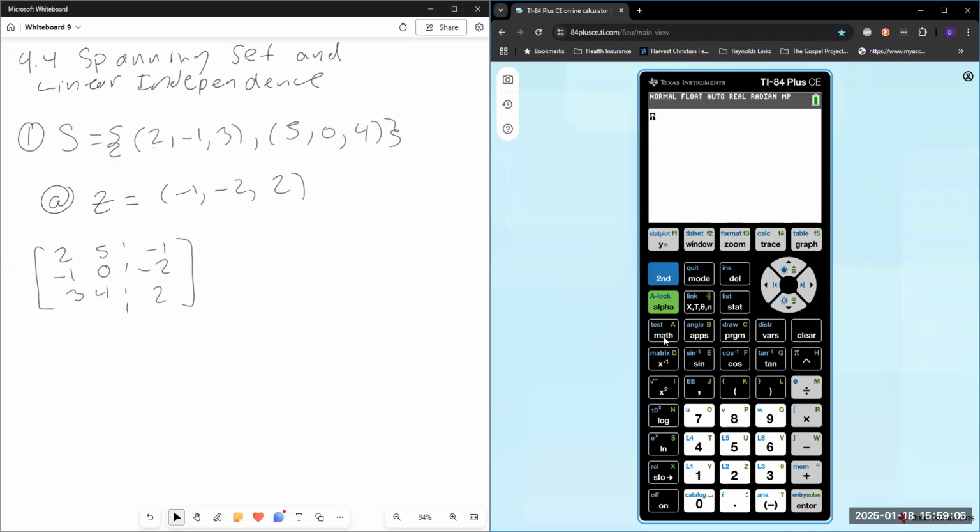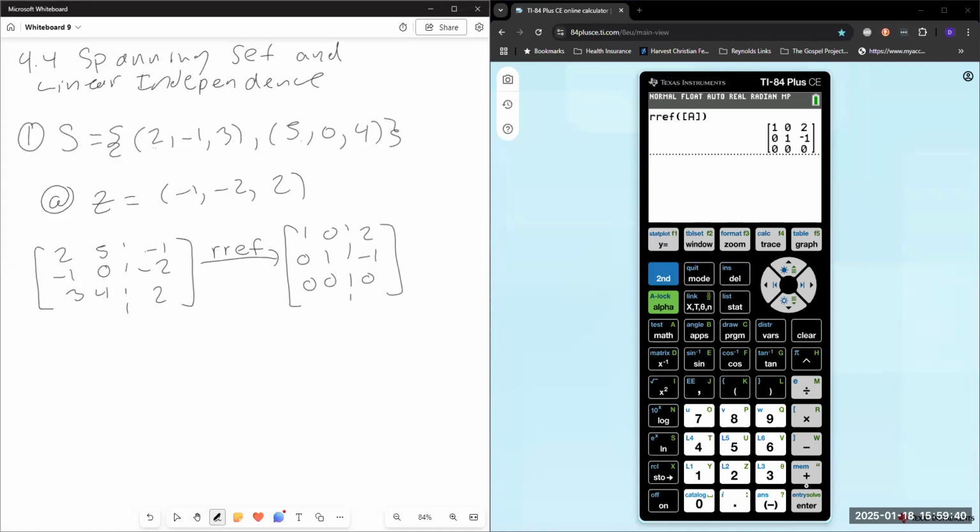We quit, come back to our matrix menu, go to math, look for our RREF at the bottom, second matrix A, and we see that this RREFs to be 1, 0, 2, 0, 1, -1, 0, 0, 0.